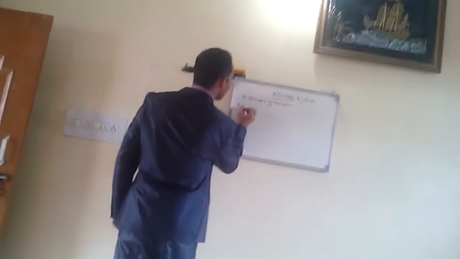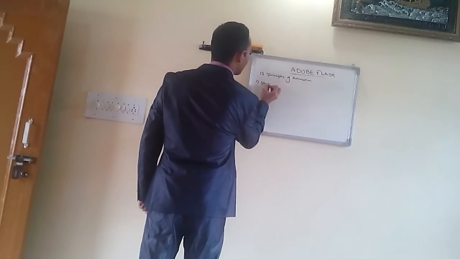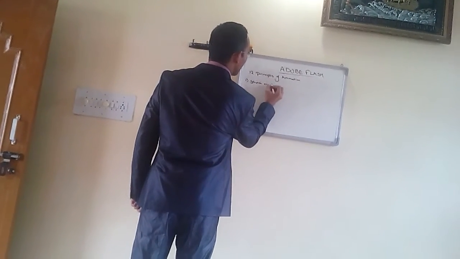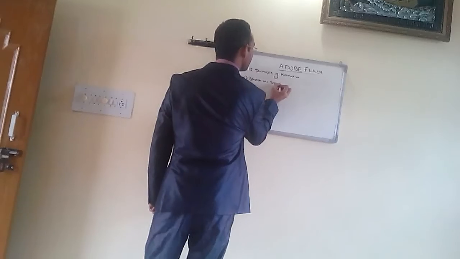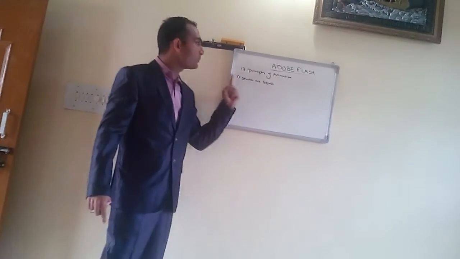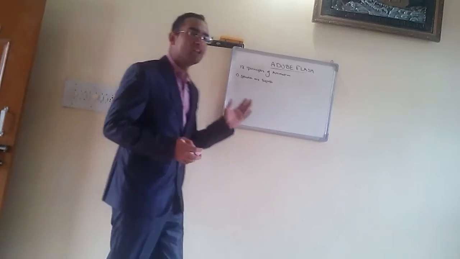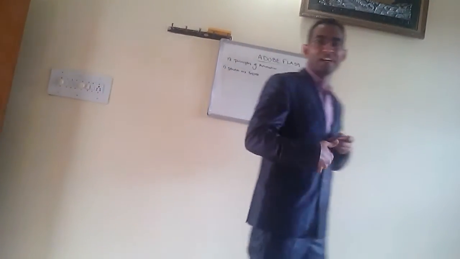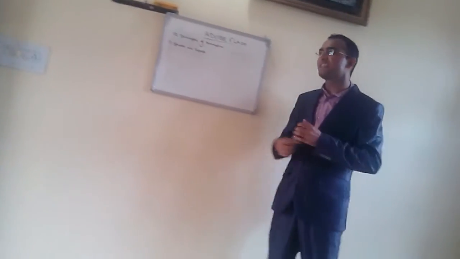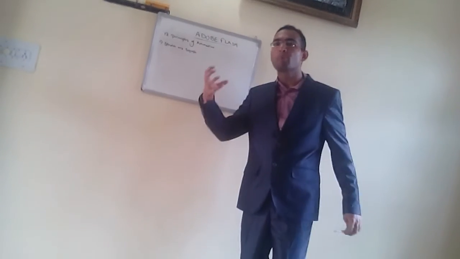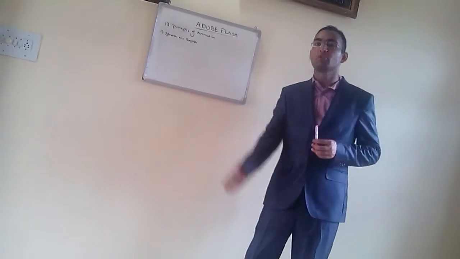First principle is stretch and squash. This is the most important principle of all 12 principles of animation. This principle gives the illusion of volume and weight. Let's take an example of a rubber ball. How will a rubber ball react if we throw it into the air?